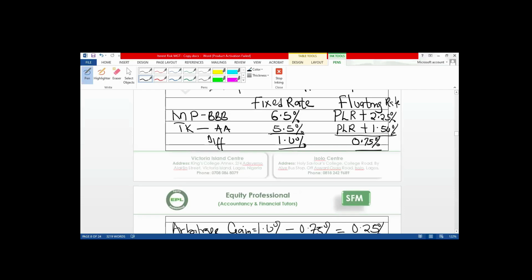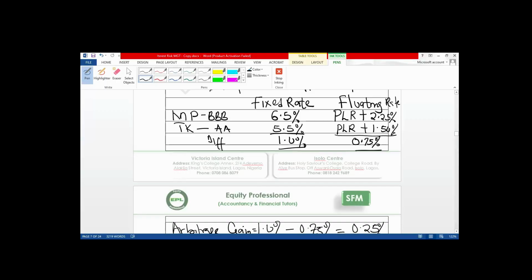But for what I have here, TK is better off borrowing at a fixed rate. TK can borrow cheaper at a fixed rate than MP.